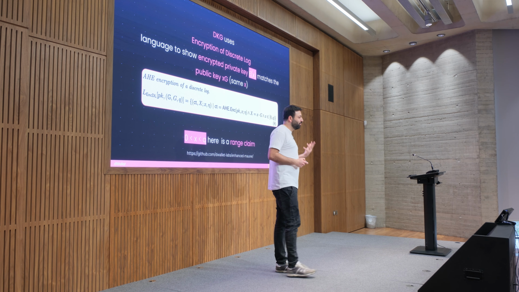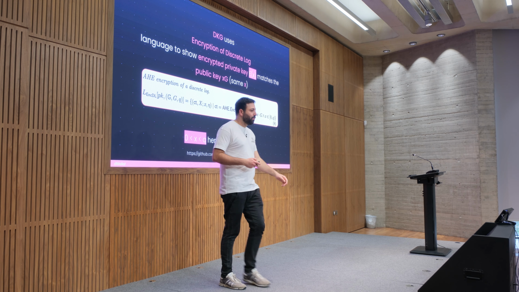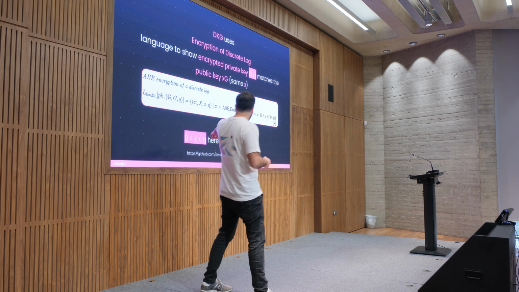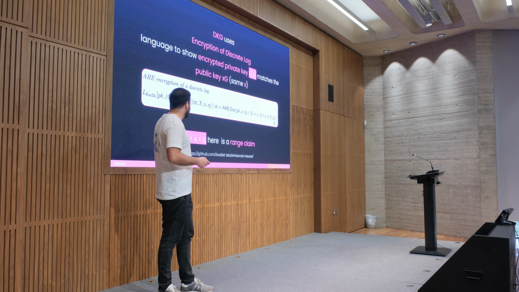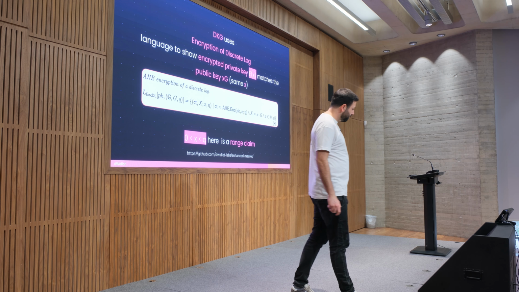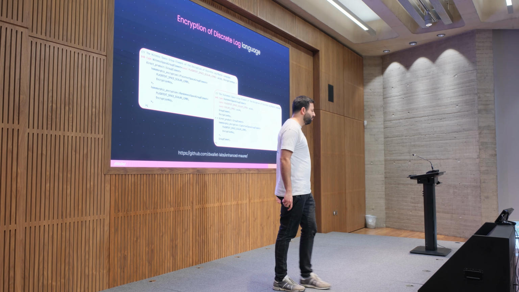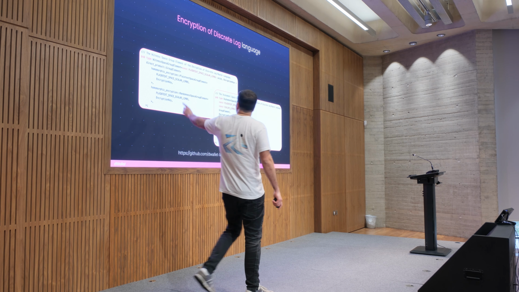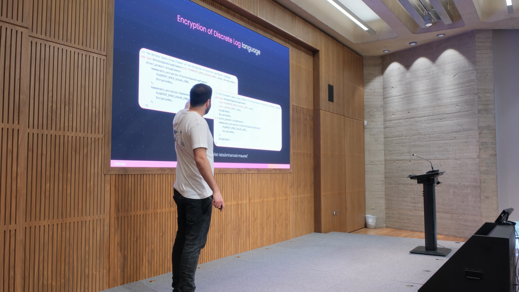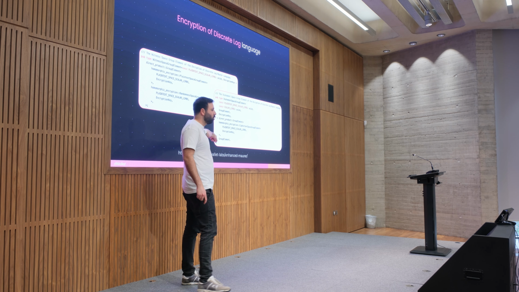And now the idea is that we want to make it more complicated by saying that X is actually a part of this elliptic group. So you have Q, the order of the group, and you want X to be smaller than that and bigger than 0. So that's your range claim. The encryption of discrete log language just takes the plaintext space of the encryption, so that's a message, and the randomness, and it maps onto the ciphertext and the group element, right?